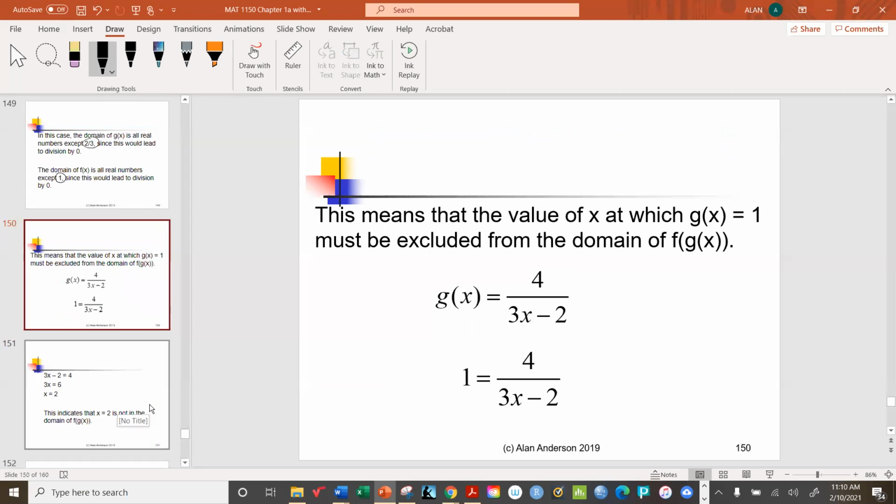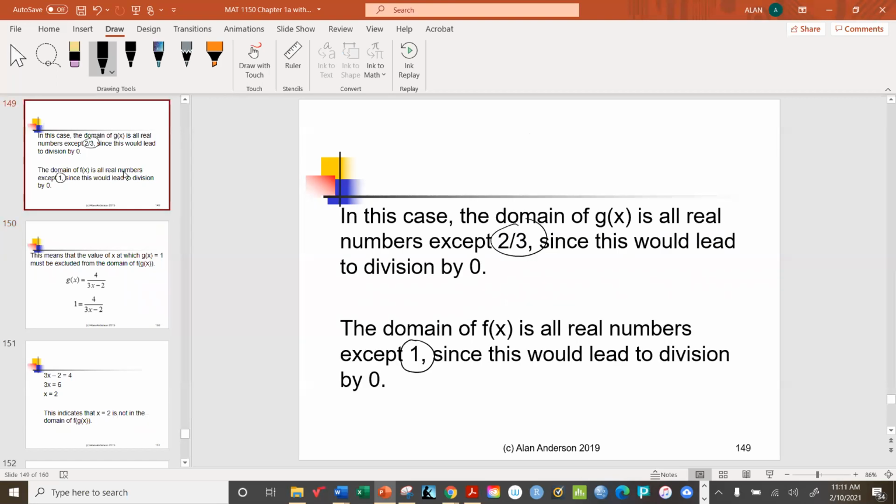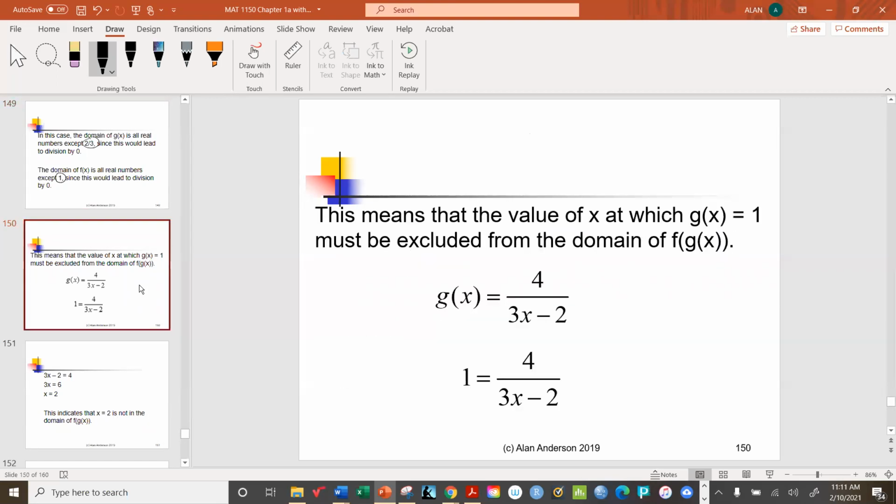It means that we don't want anything to cause f(x) to be equal to 1. So what we're going to do here is claim that we don't want 1 to be fed into g(x) either.